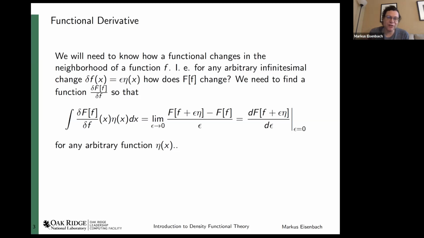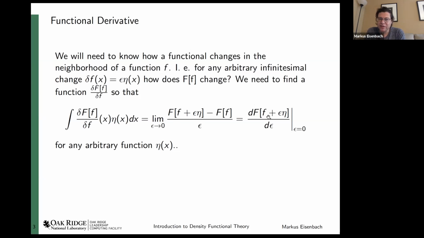This functional derivative delta capital F over delta lowercase f is actually defined so that this integral over the derivative times this probing function eta is the same as the derivative of the function that is defined, as you see on the right-hand side. So if you have a function now of f plus epsilon eta, this is actually now a function of epsilon.